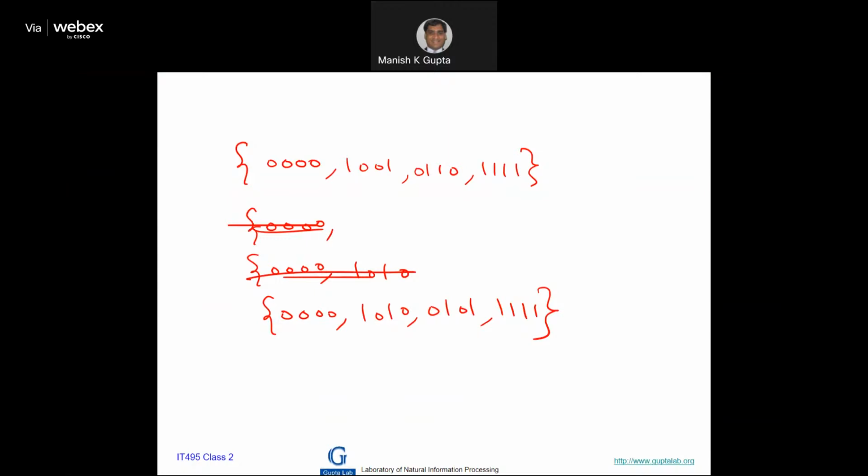Is it a cyclic code? Now it becomes a cyclic code, no? Just check. Now it is a cyclic code. It is linear? Yes. And shift of everything is here. If you look at the vector 1010, you shift it, 0101, which is here.